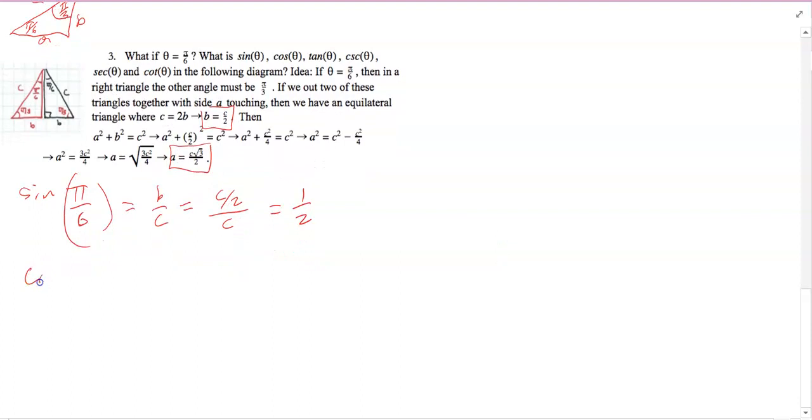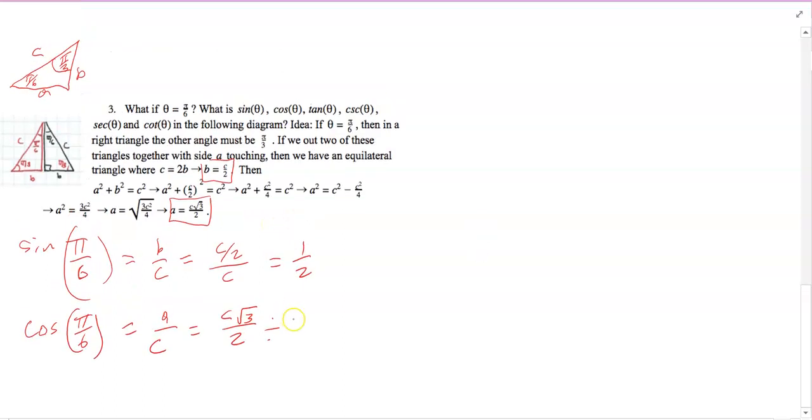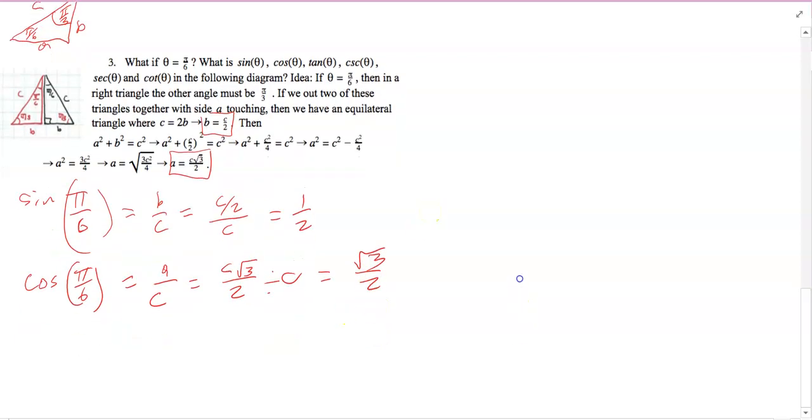The cosine of pi over 6 would be A over C, which would be C root 3 over 2 divided by C, and then that will become root 3 over 2, right?